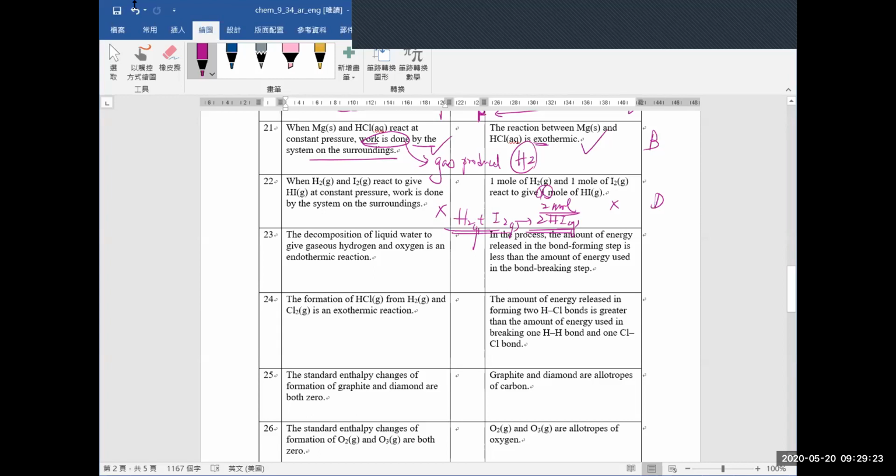Right-hand side, 2 mole. So my question is, what is the overall change in the number of moles of gas particles in the system? Let me put it this way: if I measure it at constant pressure, will it experience an expansion or contraction of the volume of the system? Do you know the answer now?